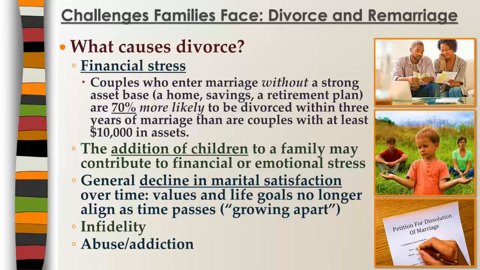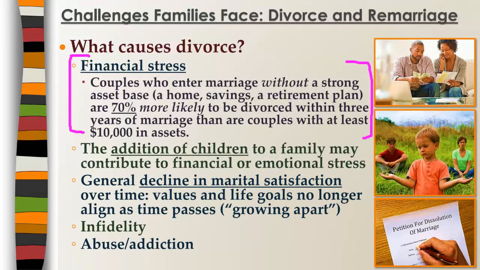Now, why divorce? Why do people get divorced? All sorts of reasons, but we'll go over some of the main ones here. Number 1, a huge reason why many couples get divorced is financial stress, arguments over money.